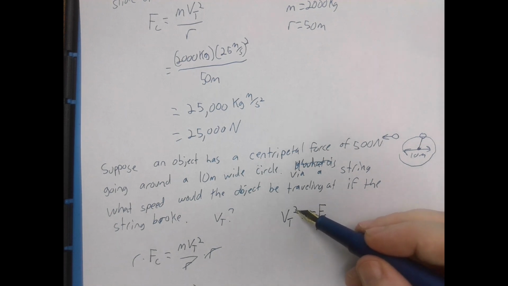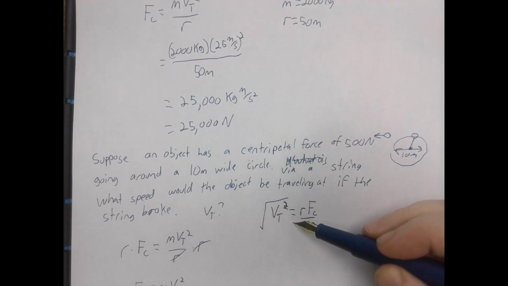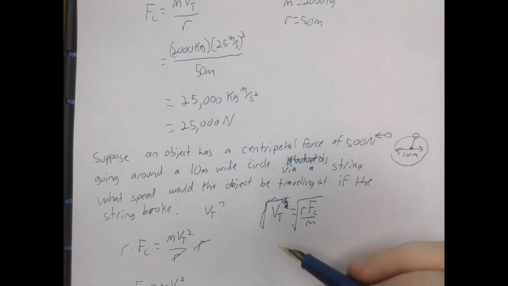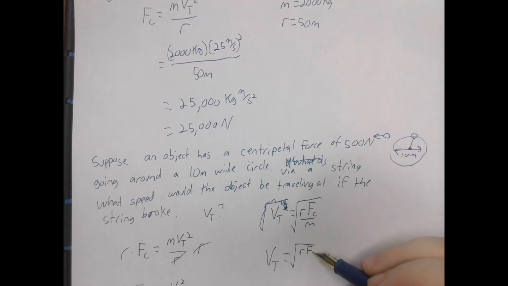To get rid of the square here, we can take the square root of both sides. So the tangential speed is equal to the square root of r Fc over mass.